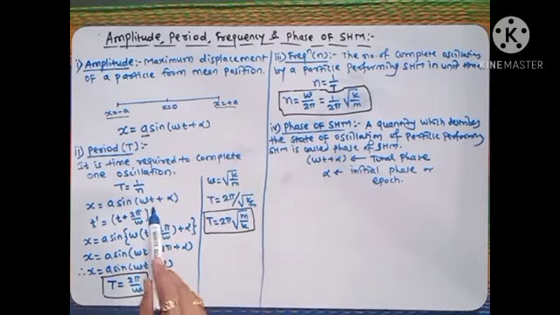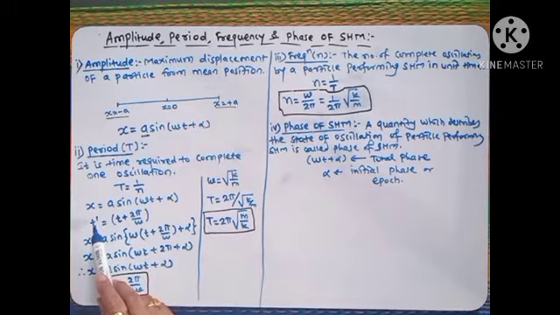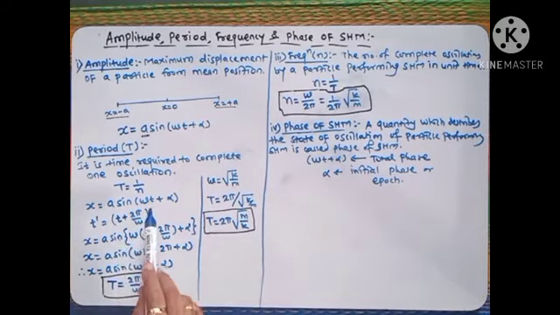Now at time t dash, instead of small t we write t dash equal to t plus 2 pi by omega. We put this value here. Then x equal to a sin omega, instead of t we write t dash, t plus 2 pi by omega, plus alpha. x equal to a sin omega t plus 2 pi, this omega gets cancelled, plus alpha. That means we come to x equal to a sin omega t plus alpha.